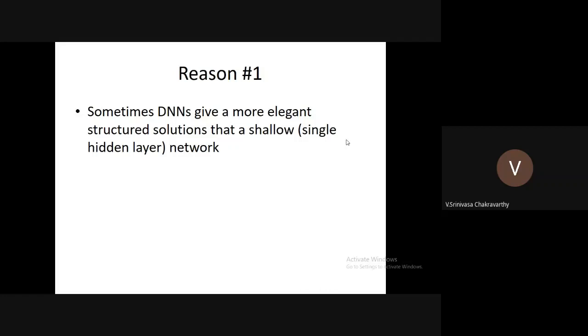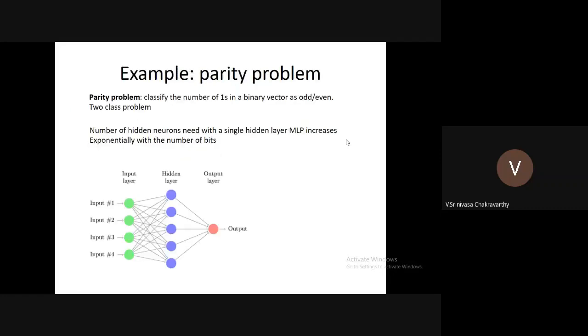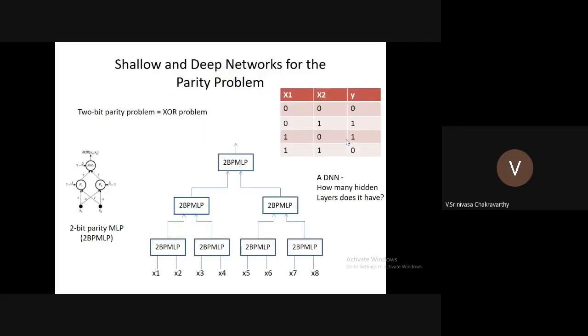The first reason is that DNNs sometimes give more elegant and structured solutions than a shallow network which has only a single hidden layer. For example, let us take the problem of parity. Parity is a generalized version of the simple problem of XOR. The truth table of the XOR problem is given in the top right here.